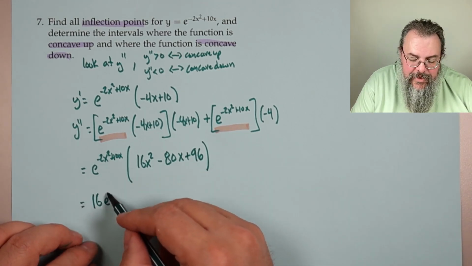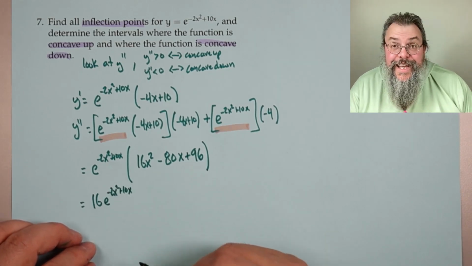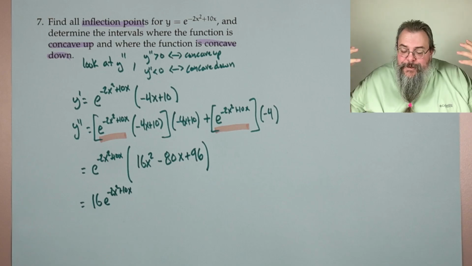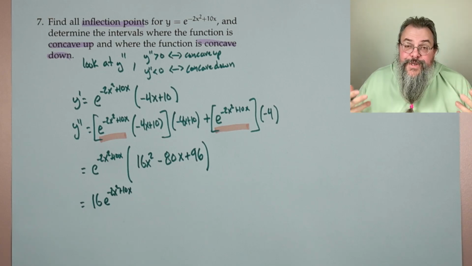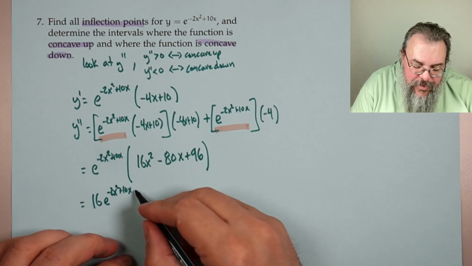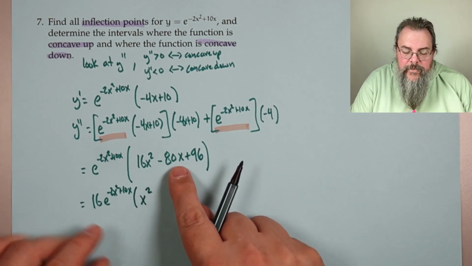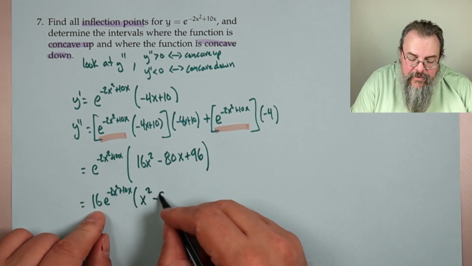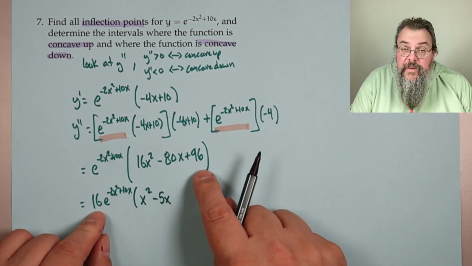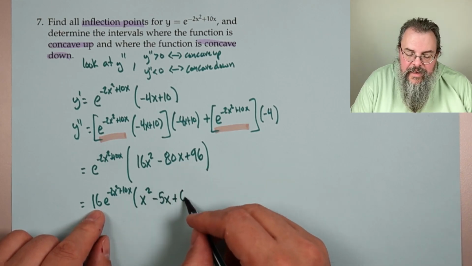Wow, it's almost like they planned for nice things to happen. Because they did. Because they want us to enjoy the beauty of math, right? Math is beautiful. And isn't it cool? Oh, it's just beautiful. Okay, so 16 times 5 is 80, so that makes a minus 5x. 16 times 6 is 96, so that's a plus 6.